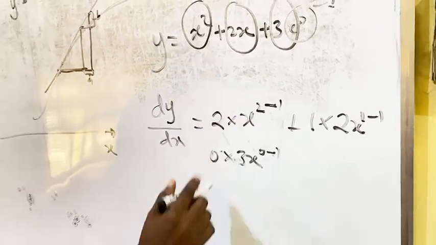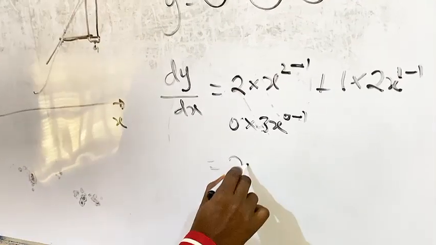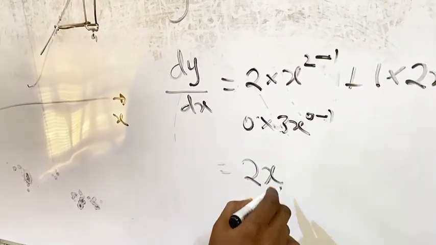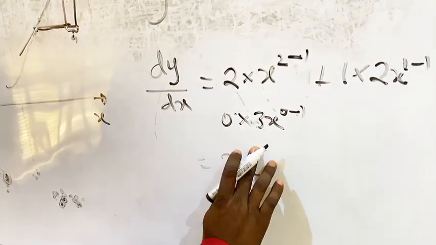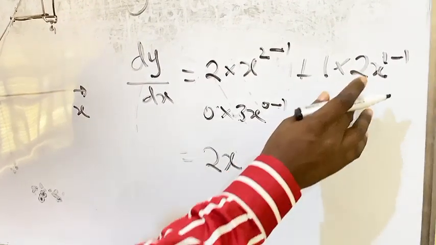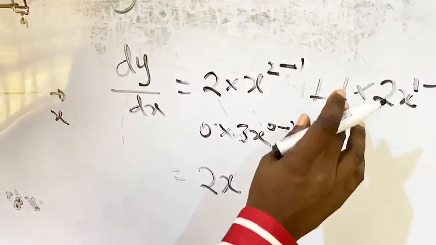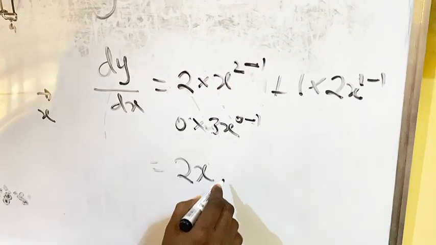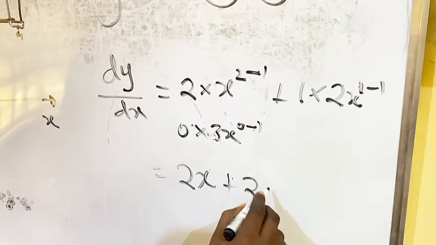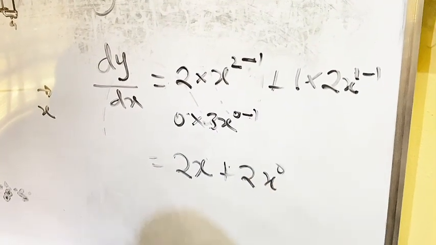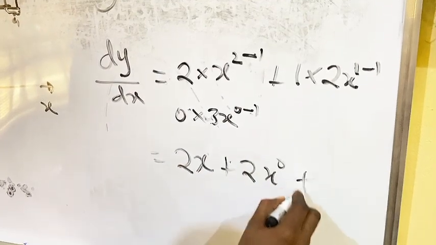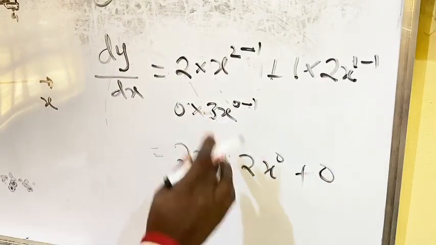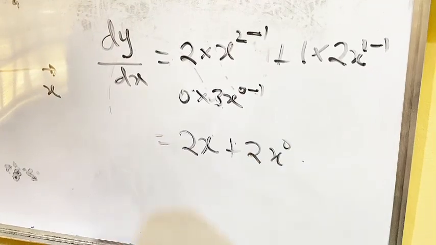The first term here now turns to 2x raised to power 1, which of course is still 2x. The second term here is 1 times 2, which is still 2, and x here is raised to power 0. The next term here is 0, because anything multiplied by 0 is still 0.